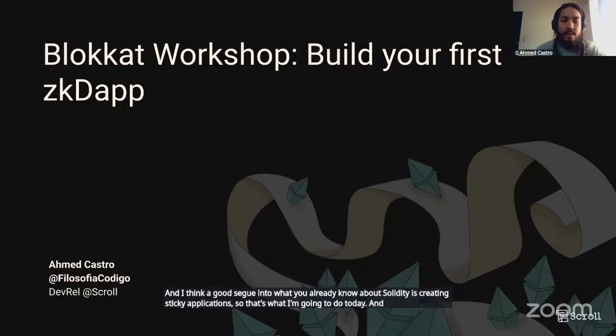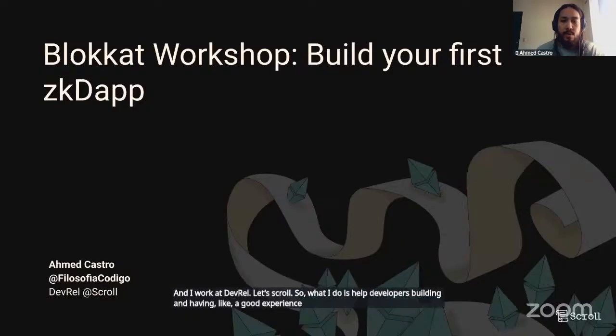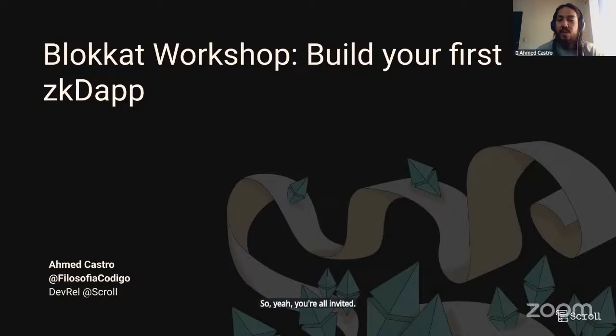Just for myself, my name is Ahmed, and I work in DevRel at Scroll. What I do is help developers have a good experience building on Scroll. So you're all invited to start building your applications on Scroll and deploying them.